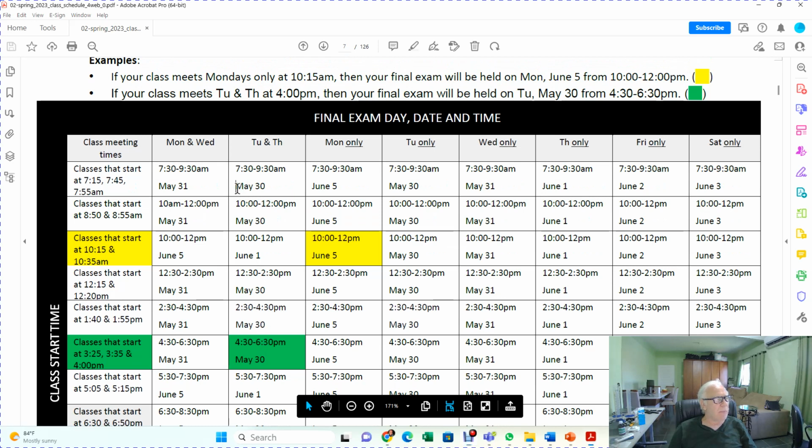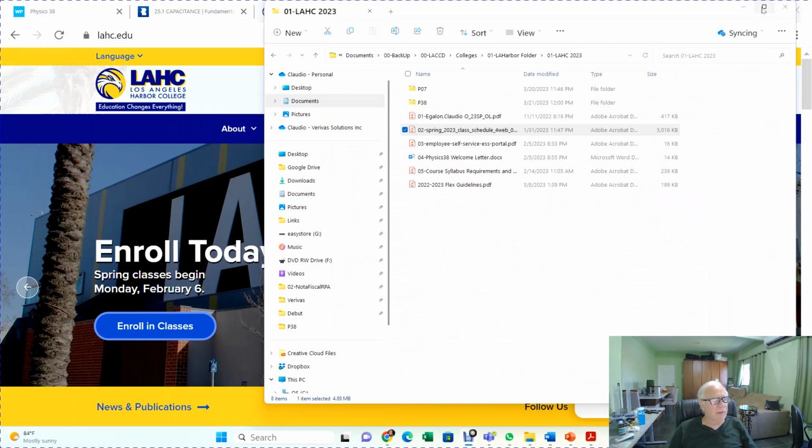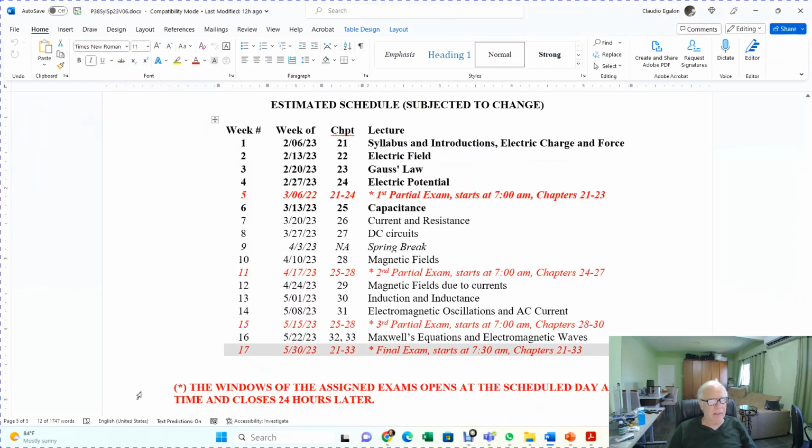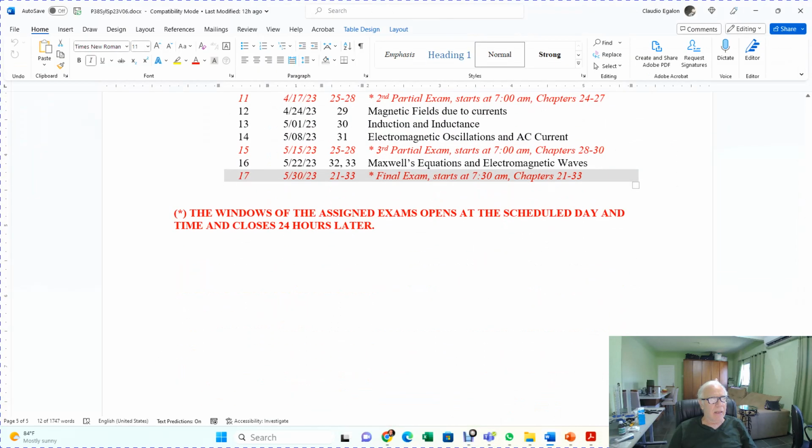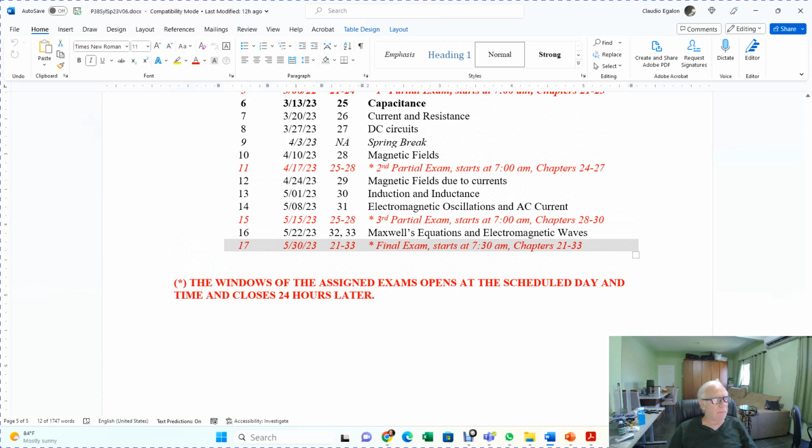So I'm scheduling the final exam according to this date, 7:30, May 30th. Initially I had scheduled it for the 29th, but I had to change that to reflect the fact that we must schedule it within that week of finals published by the college.